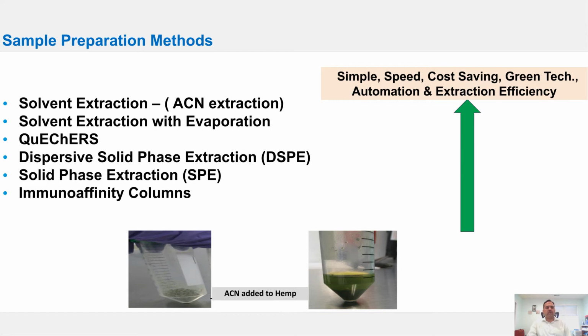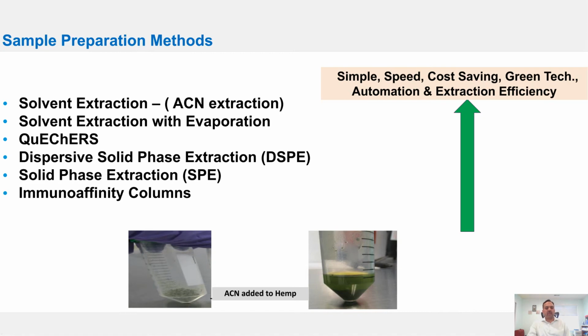We could have used any of these 6 different sample preparation methods, but I would like to ask the audience, let's say they have 6 different options, and the criteria for choosing an option is that it has to be simple, faster, cheaper, greener, and can be automated and shows good extraction efficiency for all the compounds. Then I would think that everybody will go with the option which can meet this criteria.